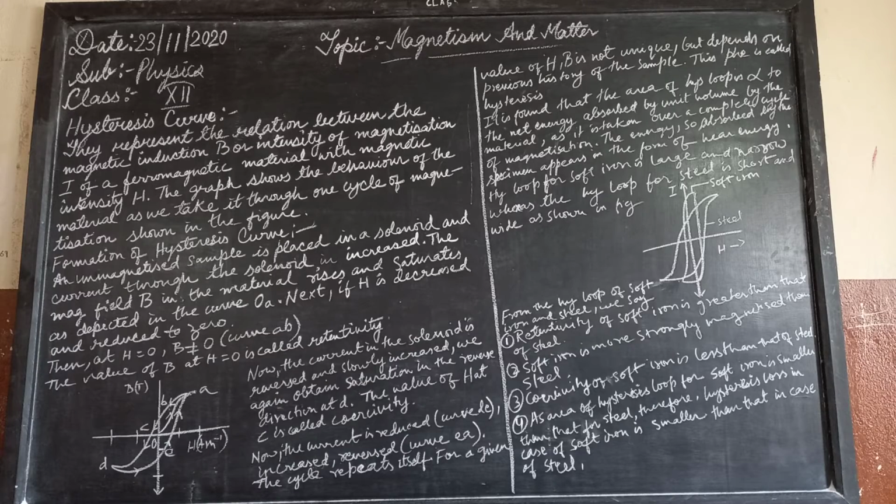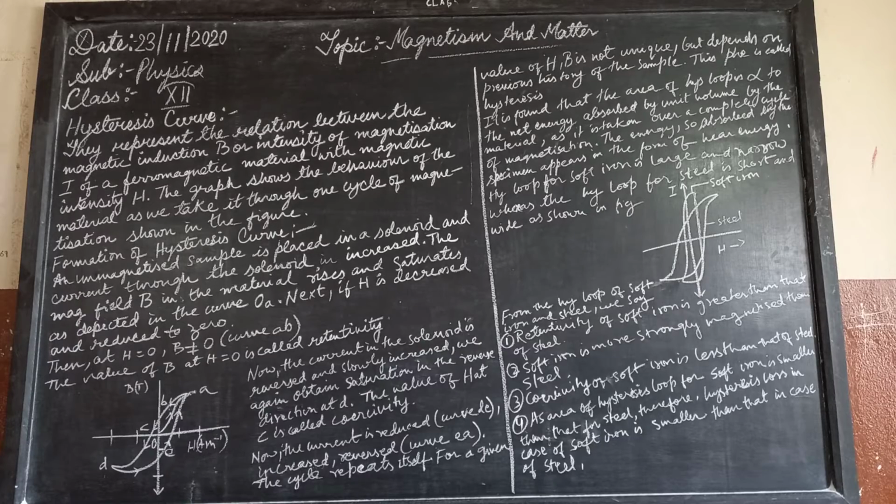Soft iron is more strongly magnetized than steel. And the coercivity of soft iron is less than that of steel.